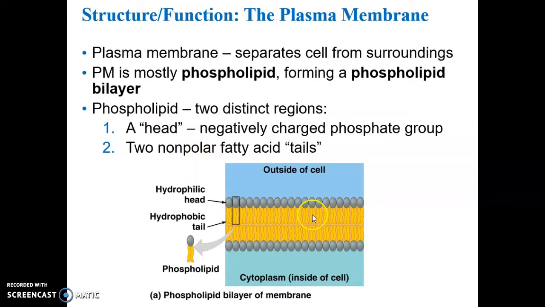So the phospholipid is an interesting molecule because it has two different characteristics. The phosphate head is charged, and because of that, it is attracted to the polar water. And the fatty acid tails in yellow, since they are nonpolar, are repelled by water.